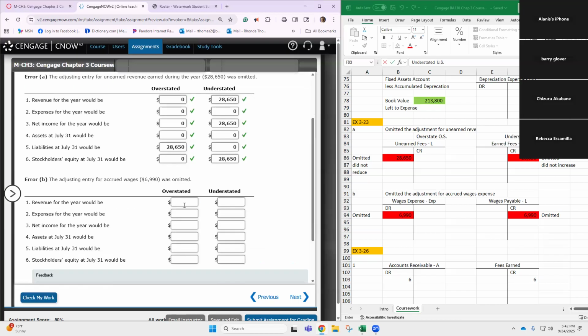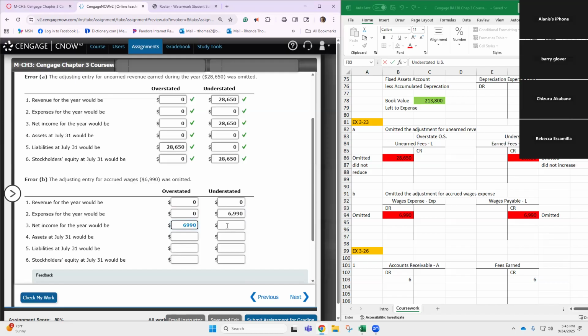The second one did not affect revenue at all. It had to do with an expense and a liability. Expenses were understated because we forgot to put one in, so put the amount we missed, and put a 0 on the overstated side. When you understate expenses, your net income becomes overstated.